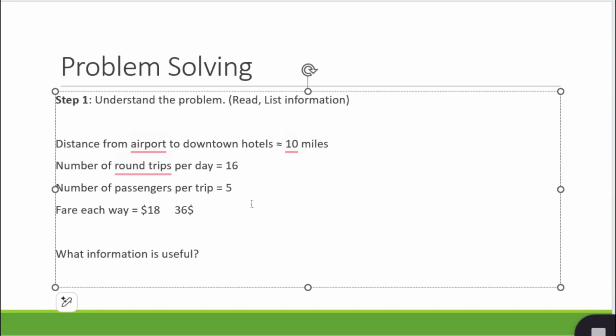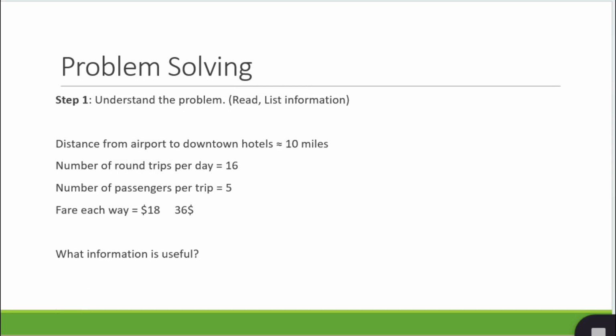Okay, which one of these pieces of information is not important? Well, obviously, the distance from the hotel does not matter because we're not talking in terms of time or distance. We're talking about the number of round trips to these hotels. So that one can be immediately gotten rid of, right?